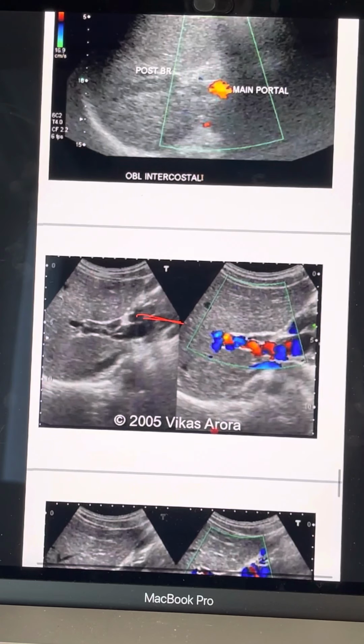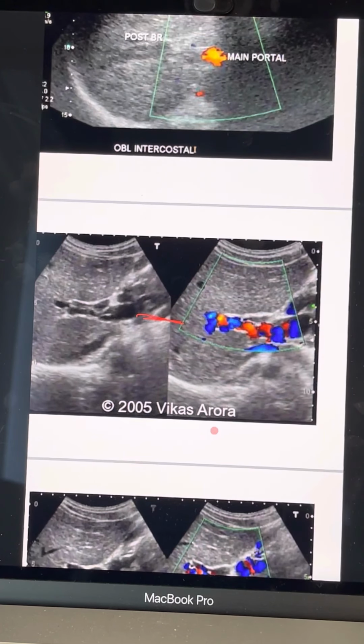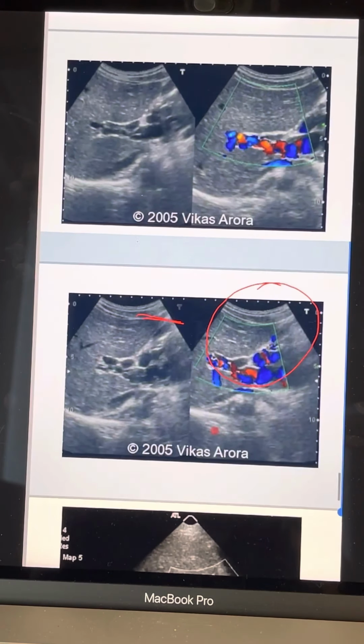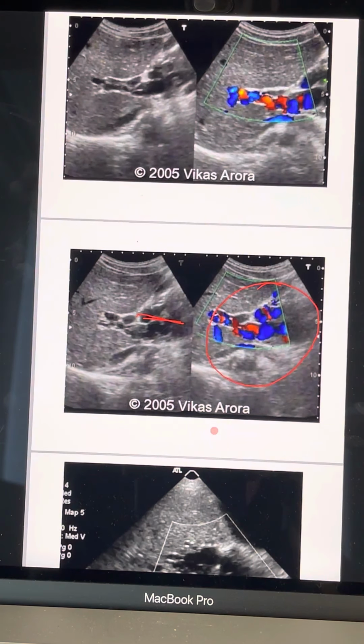And then you see these parallel channels over here at the porta hepatis. That's called cavernous transformation of the portal vein. This is typical. When you look at this image, this is the typical appearance of cavernous transformation.